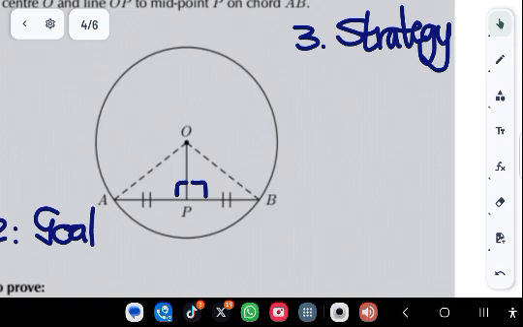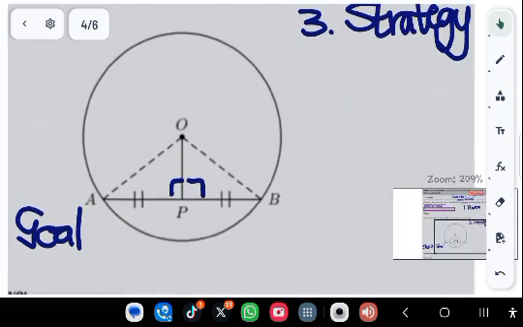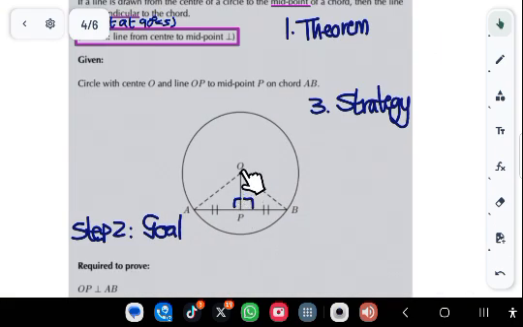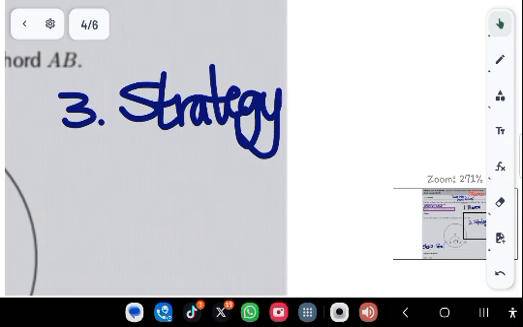Once that congruency is proven, all other angles and sides respectively will be equal, so we can then use that to prove that this is 90 degrees. First, let's prove that angle OPA is equal to angle OPB. How? By congruency.